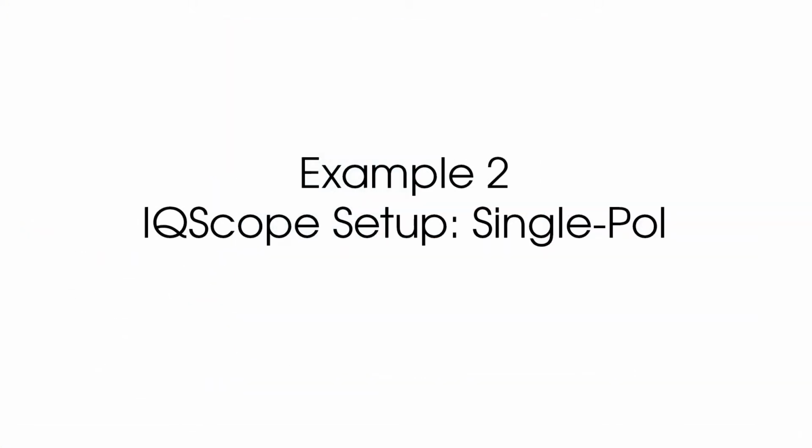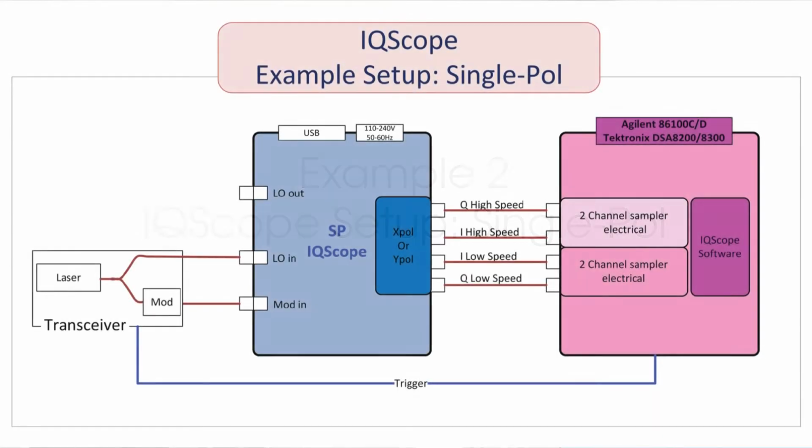Now, a second example of a configuration is where you use the local oscillator from your own transmitter. So here, the local oscillator is split in the transmitter. One path goes to the internal modulator in your transmitter, and then that modulated signal is passed into the modulated signal input of the IQScope.